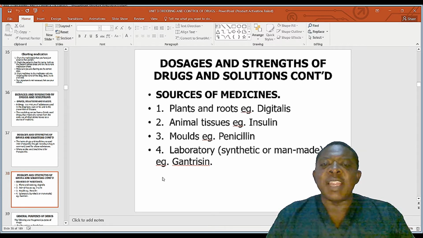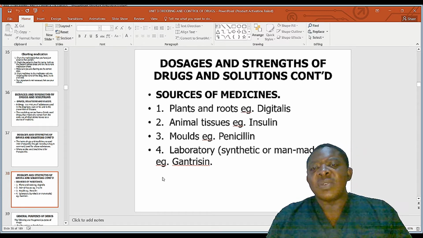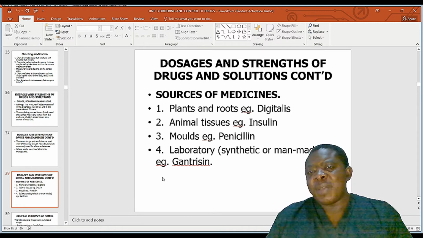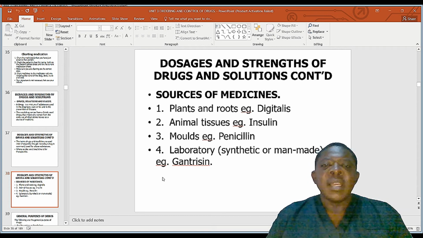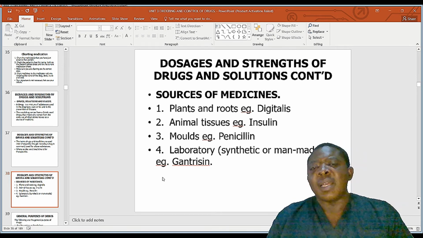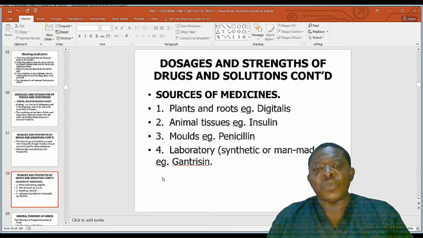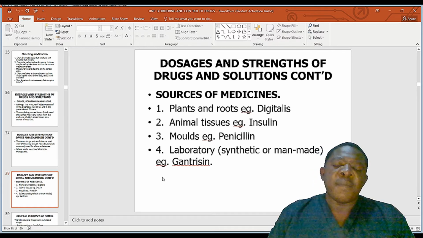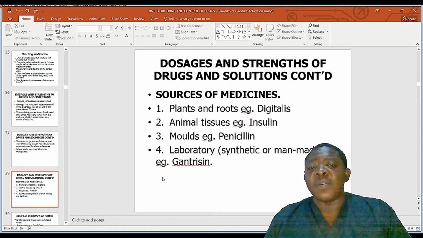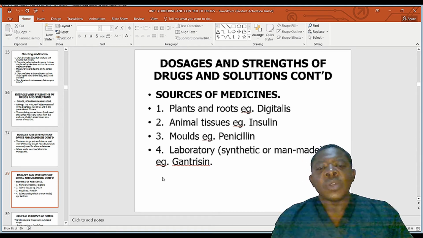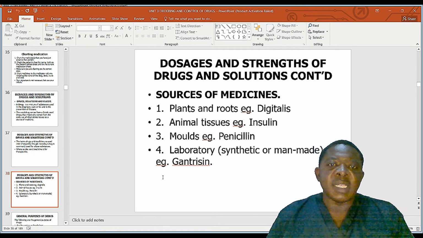Then we have animal tissues, where insulin has been derived from the spleen of pigs. Then molds, the famous antibiotic penicillin comes from molds. Then number four, laboratory. In the laboratory, you're looking at synthetic or man-made drugs, and an example there is Gantrisin.